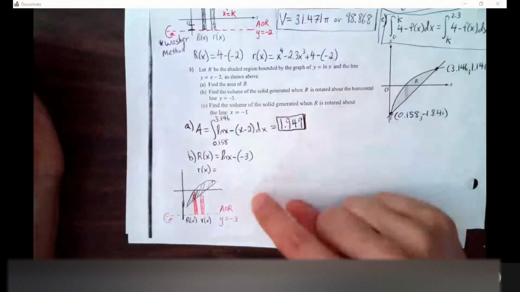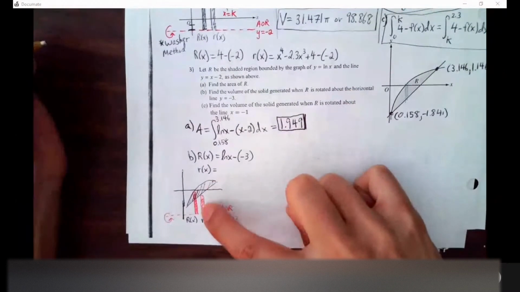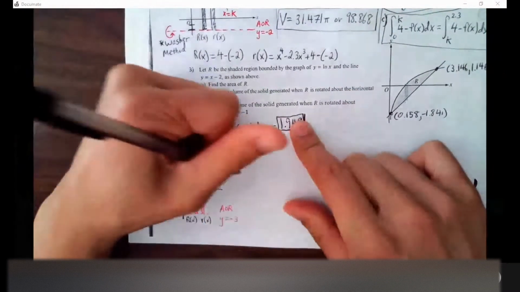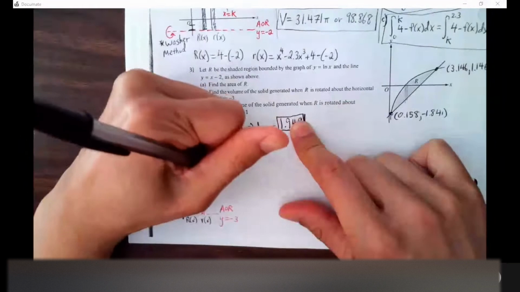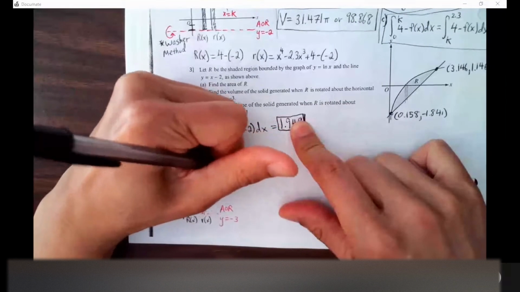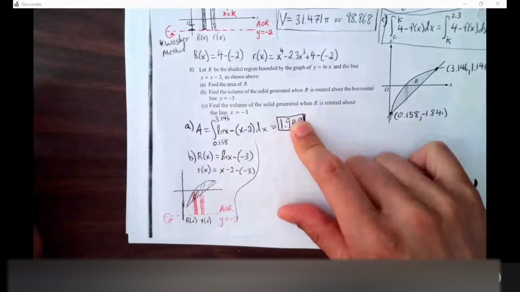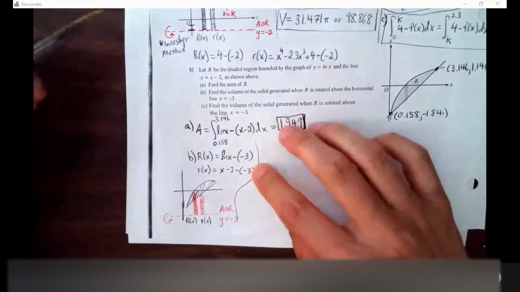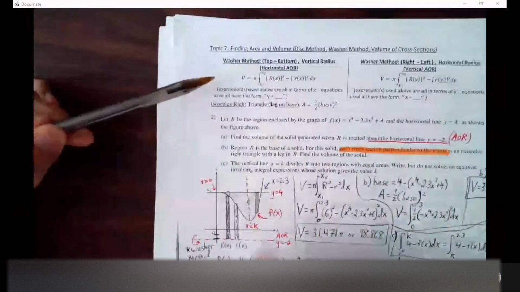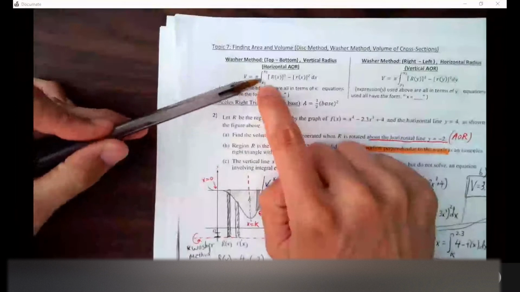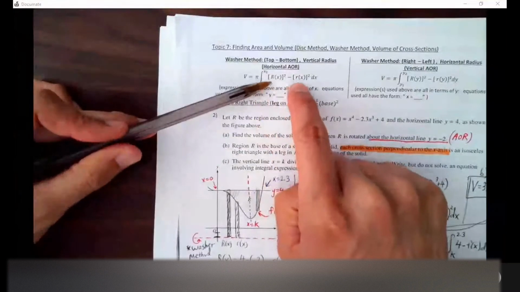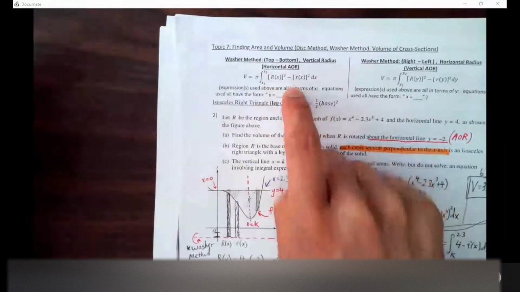Okay, little r is x minus 2 minus the -3. I think we're ready for our volume formula for washer method. Bounds in terms of x, big radius squared minus little radius squared.